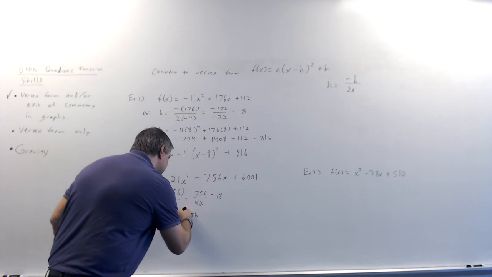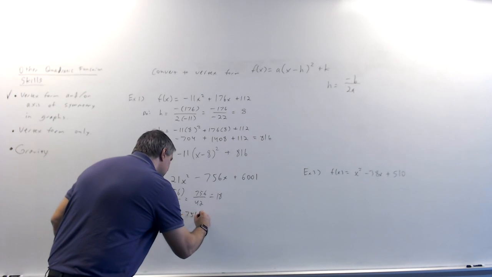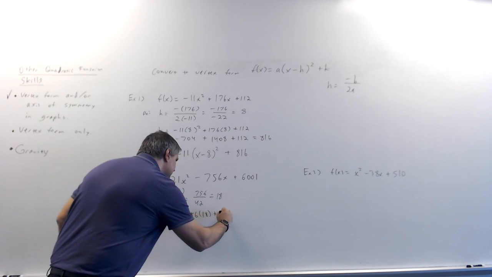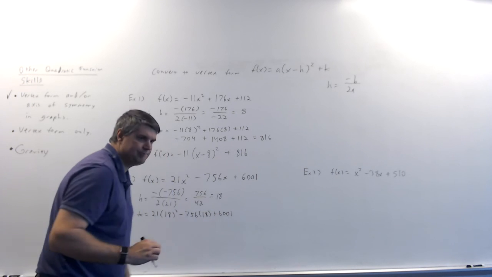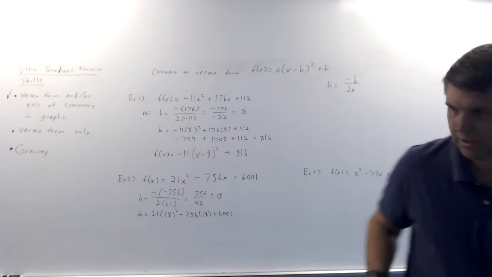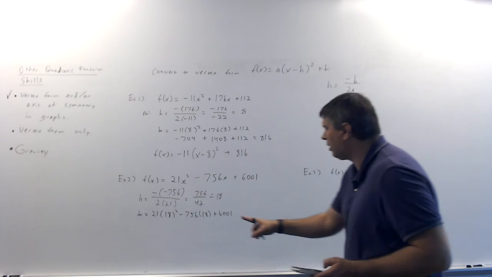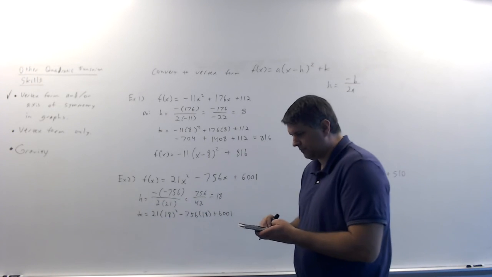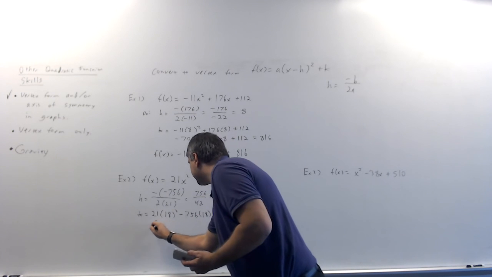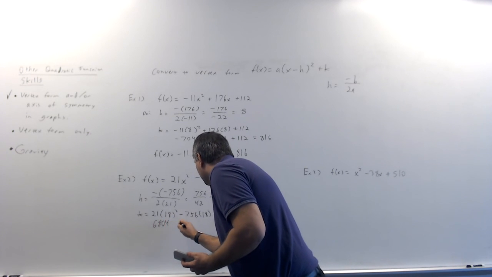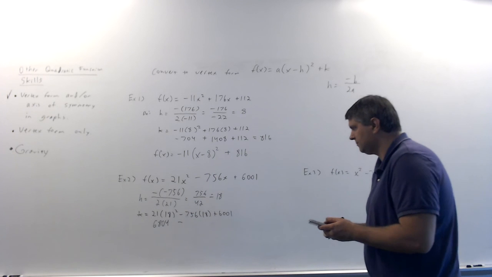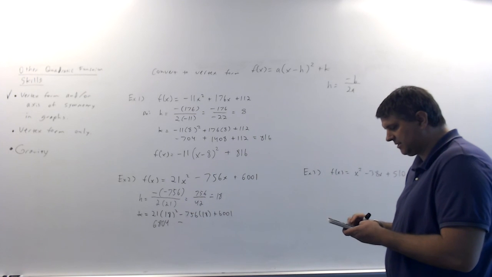Positive 756 divided by 42 is 18. Memorized from my calculator, okay? K equals 21 times 18 squared minus 756 times 18 plus 6001.